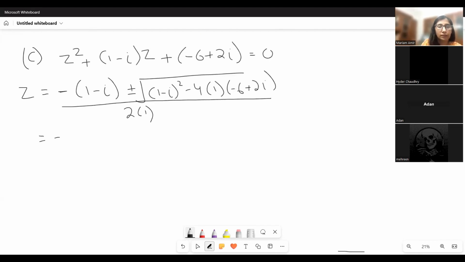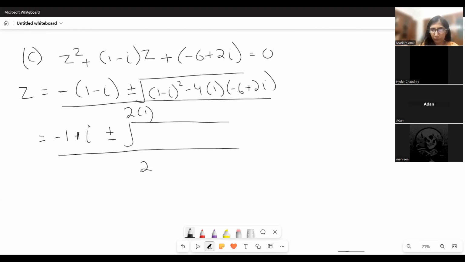So we have minus 1 plus iota plus minus square root, whole divided by 2.